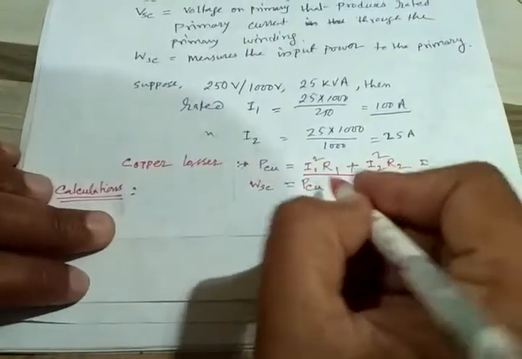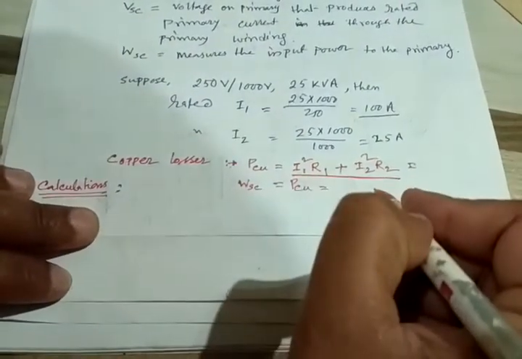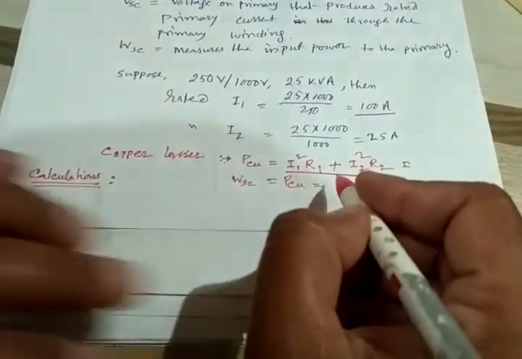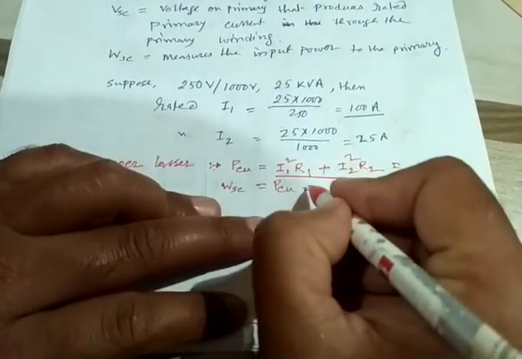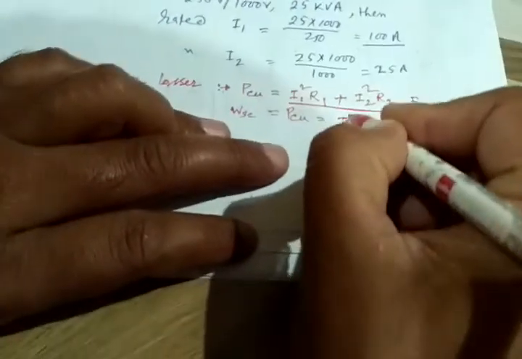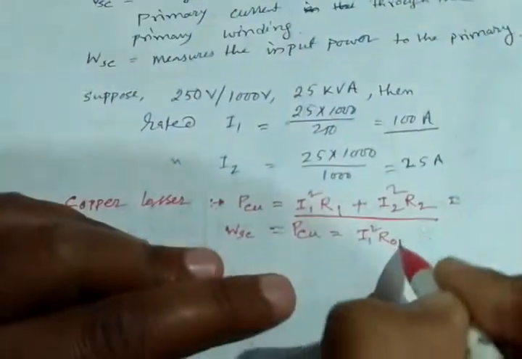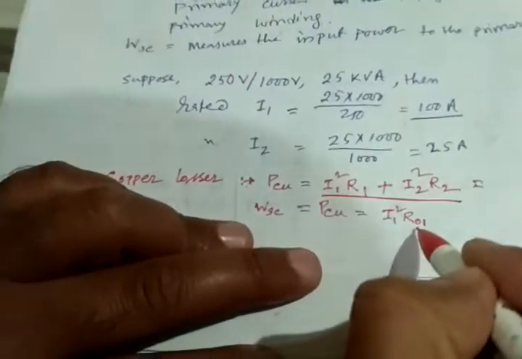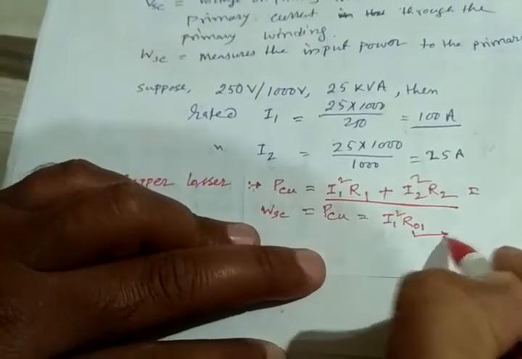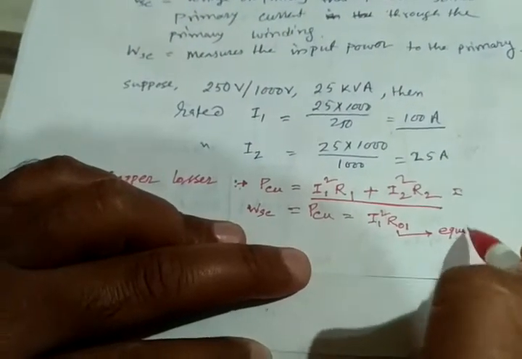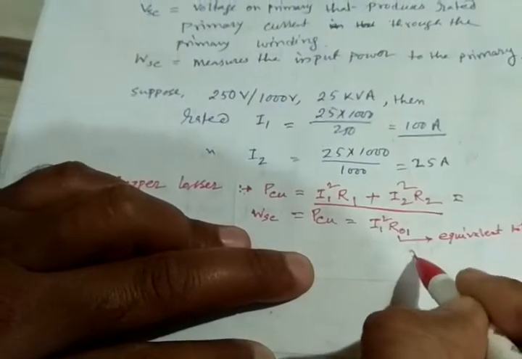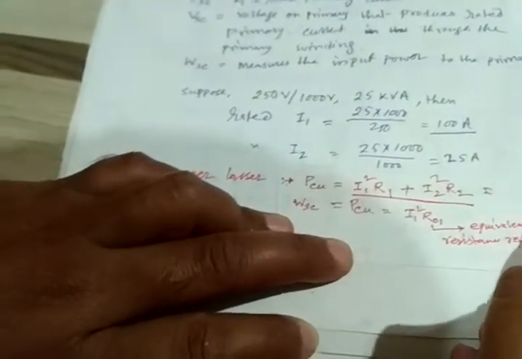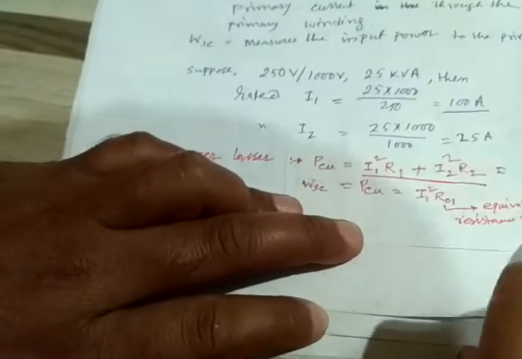Now we got this copper loss, and as we have done all the testing on the primary side, we can also write this as I1 square into R01, where R01 is the equivalent total resistance referred to primary.